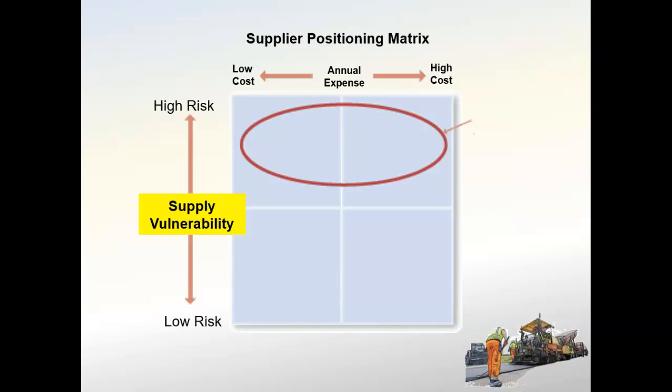However, supplier positioning also recognizes the vulnerability of the supply, determined by a variety of factors that can include limited availability and shortages of the item being purchased, the reliability of delivery, the number of potential suppliers, and even environmental concerns.